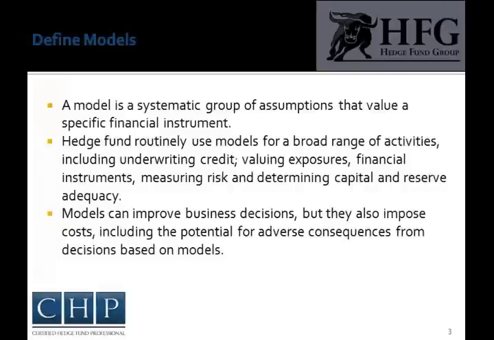A model is a systematic group of assumptions that value a specific financial instrument or portfolio of instruments. Large financial institutions, along with hedge funds, routinely use models for a broad range of activities, including underwriting credit, valuation of exposures, financial instruments, measuring risk, and in determining capital and reserve requirements.